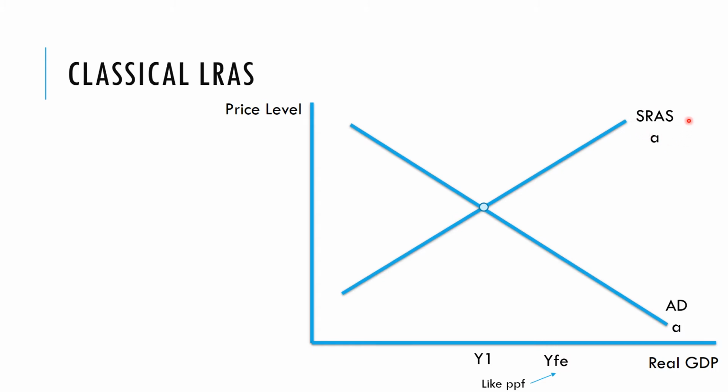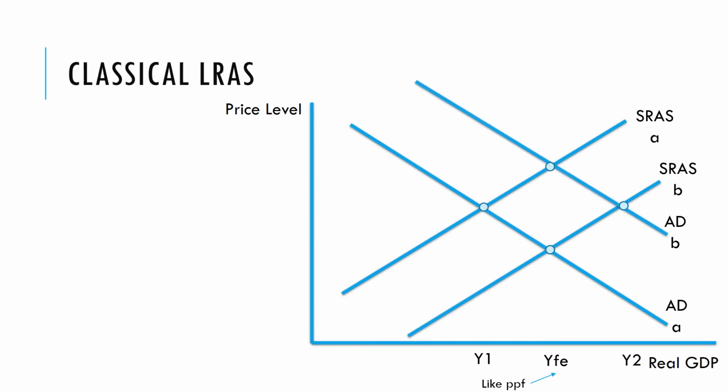And if the cost of inputs to businesses is lowered, we would very quickly see a reduction in the short-run aggregate supply curve. And so the level of output, through the reduction in price, would increase to YFE. So the economy will quickly adjust from this position to this position.